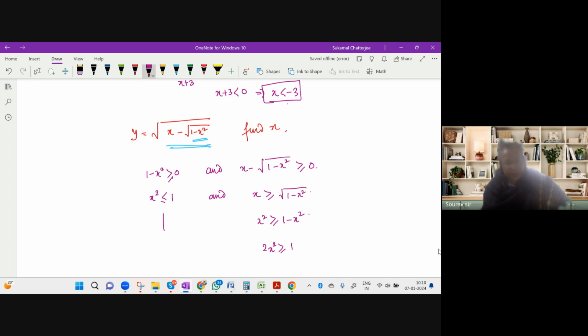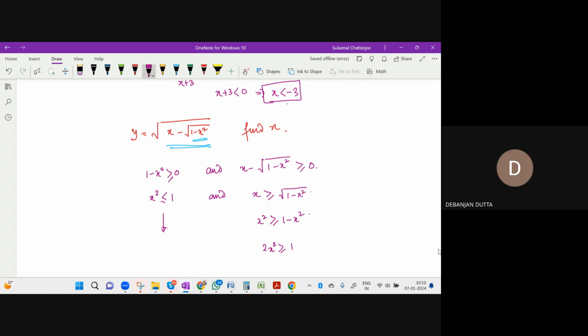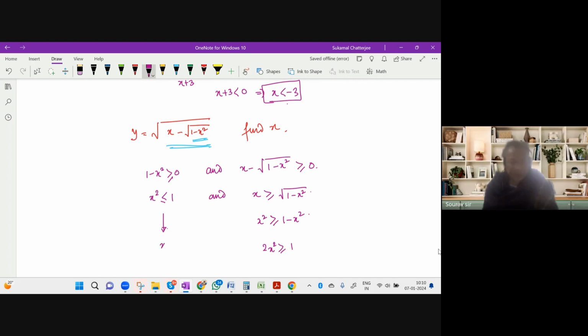So what is the solution? If x square is less than or equal to 1, what is the solution? Between -1 and +1. This lies between -1 and +1. So this is the solution from this.